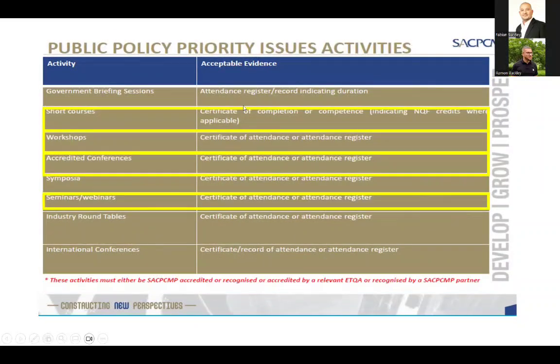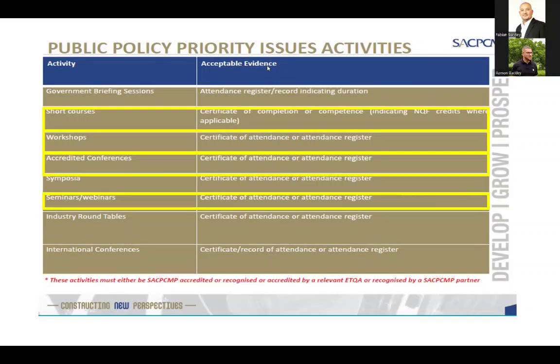Okay. Then in terms of the public policy priority issues activities. Once again, there are a lot of categories that are very similar in terms of the approach and the way that they allocate the CPD evidence. Whoever's assessing it can allocate short courses under skills and development or skills and training. But in this aspect, a short course is a course that you do relevant to your industry or line of work.